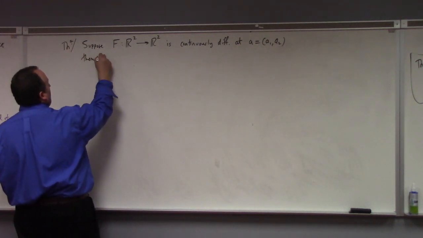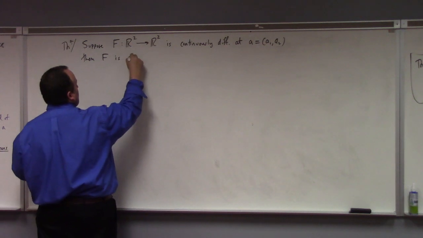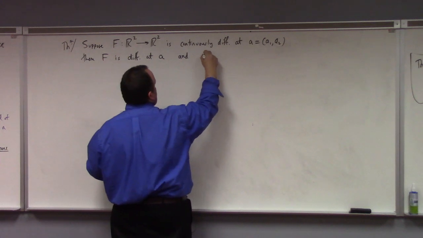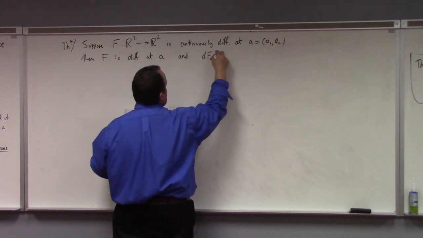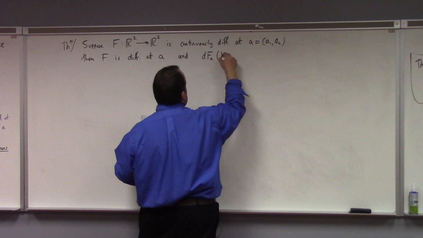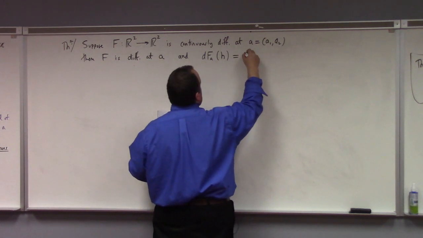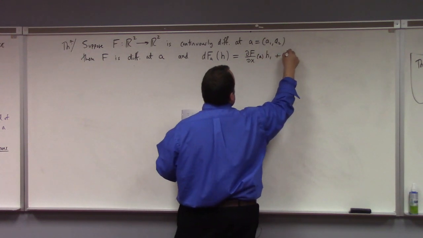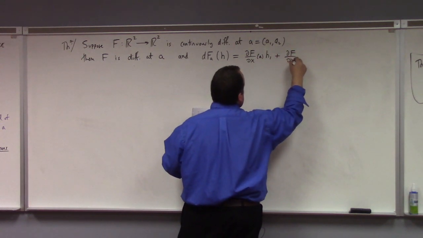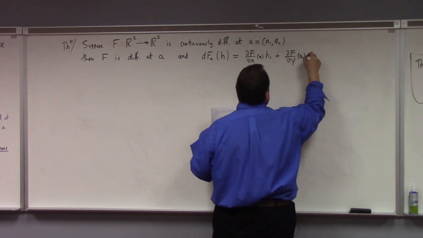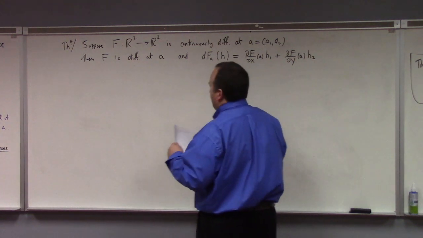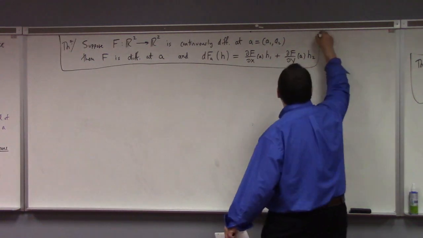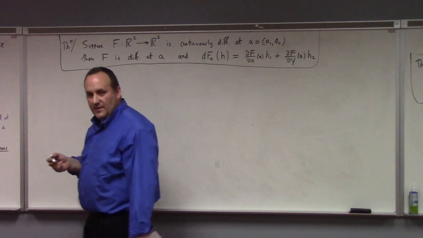Then f is differentiable at A, and df_A of h is equal to the partial f partial x at A times h1 plus partial f partial y at the point A times h2. So this is a specialized theorem. It's really all we need for complex. Okay?